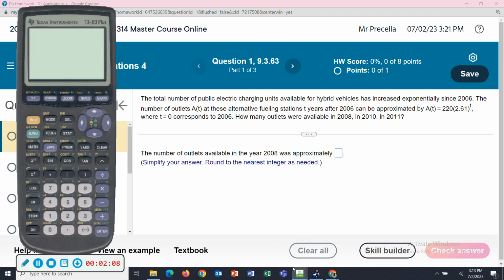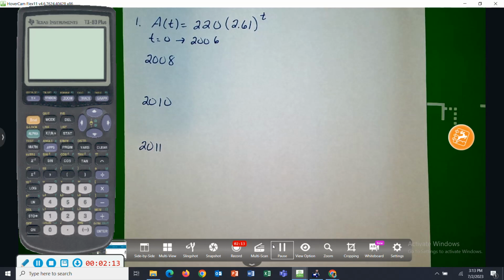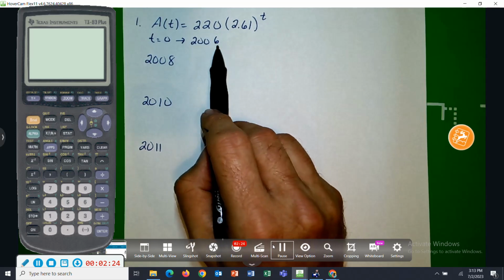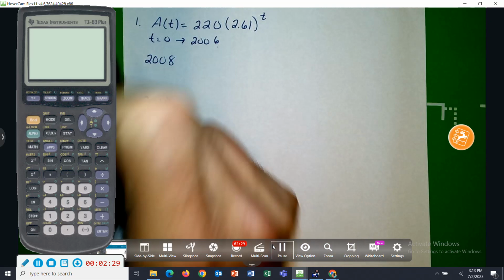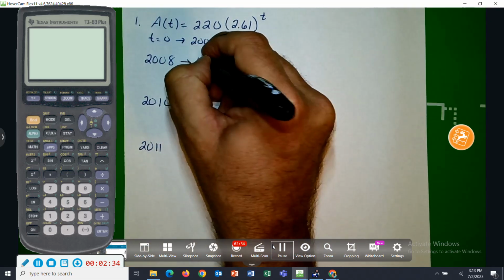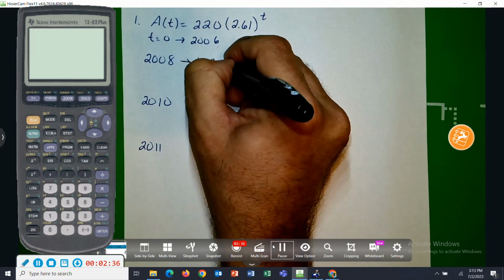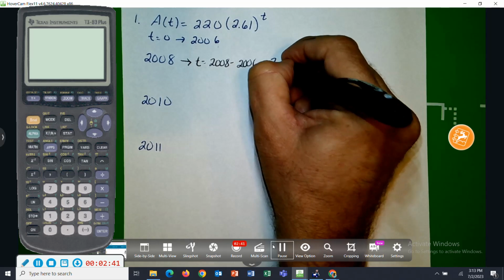Okay, let's see. I've written down the problem. Now, this is going to calculate the number of electric charging stations available. t equals 0 corresponds to 2006. So, in 2008, how many years after 2006 would it be?